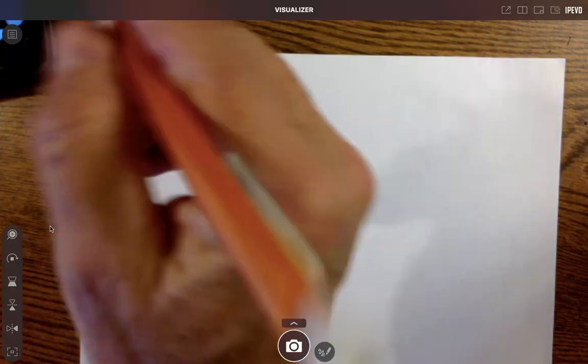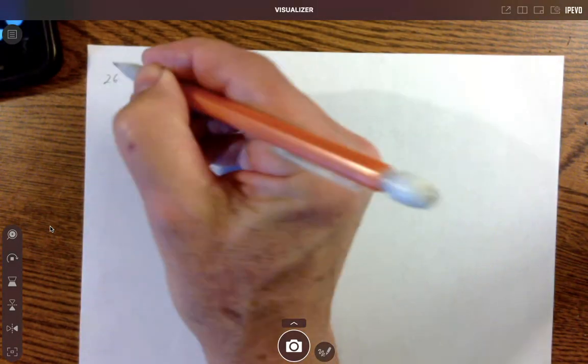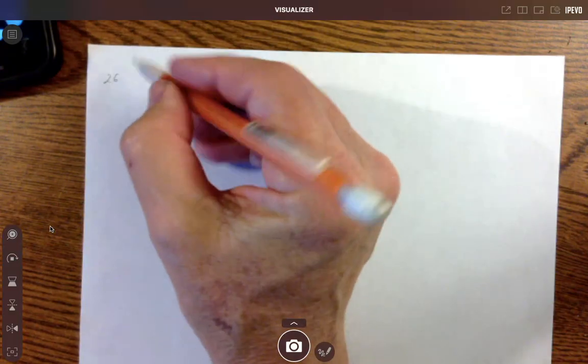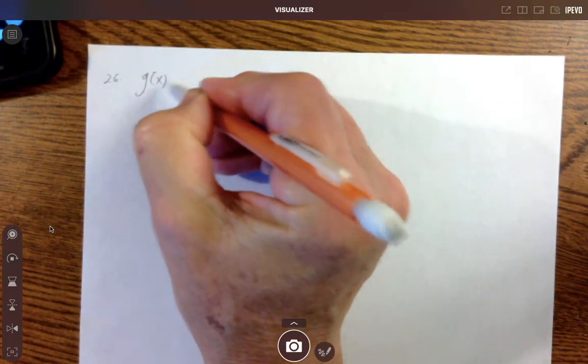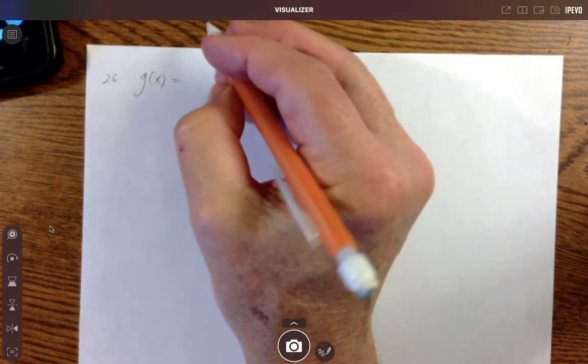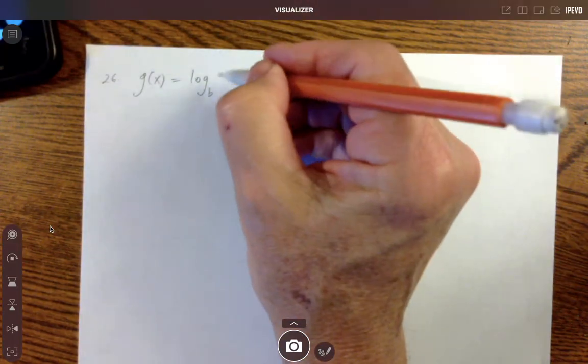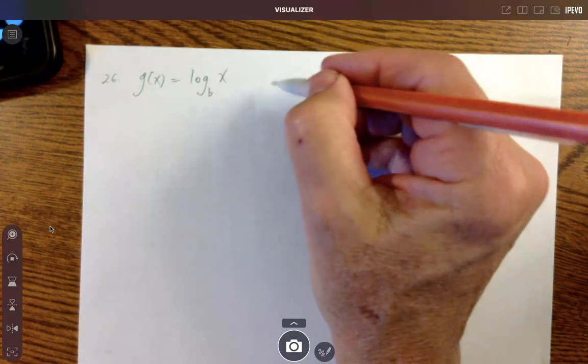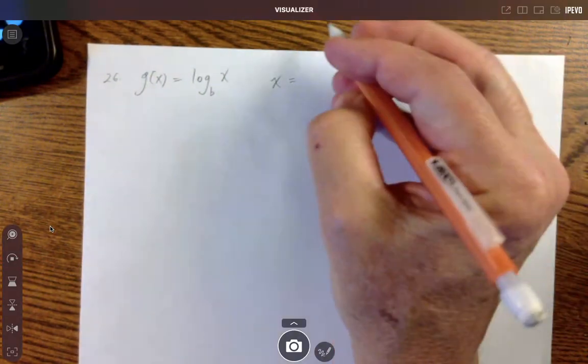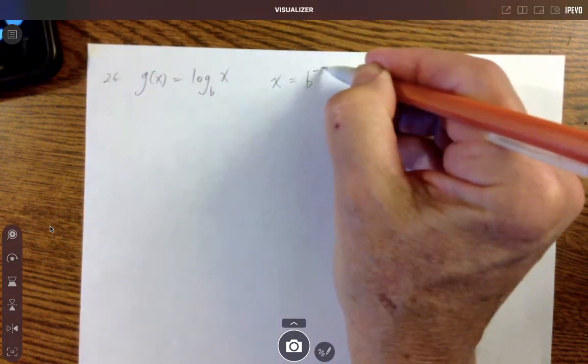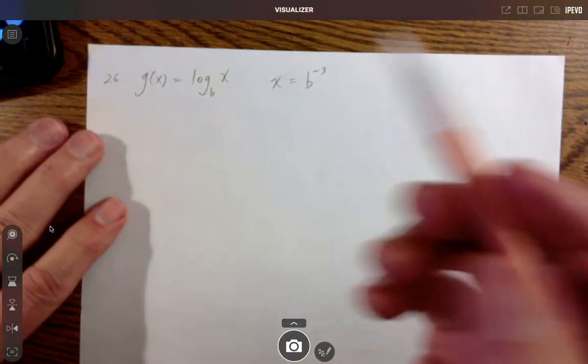So I'll do one more like that, 26. This is a continuation of that same set. g of x is equal to log base b of x, where x is equal to b to the negative 3. So very similar to what we just did.